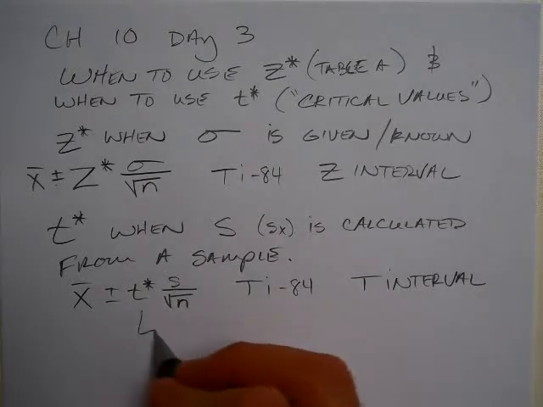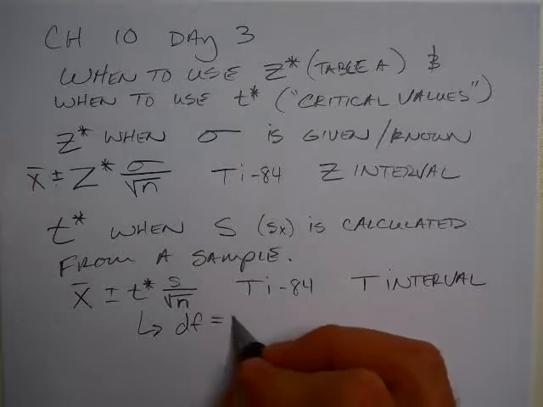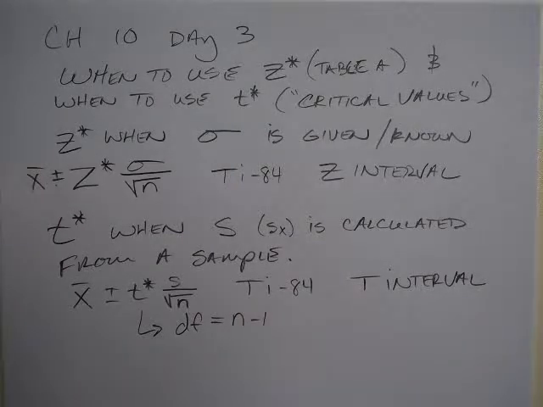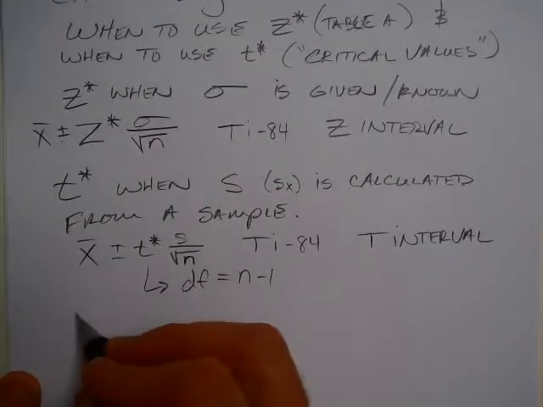Don't forget with T star, we always have to use degrees of freedom. And that is n minus 1. Or we round down. So degrees of freedom should always be rounded down when necessary.